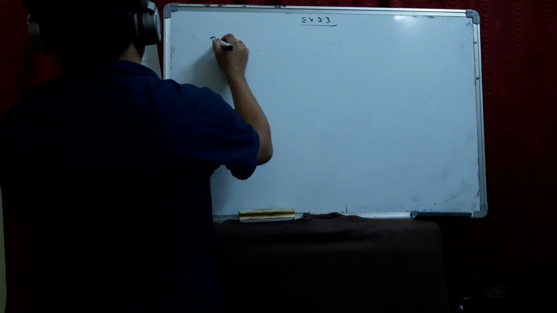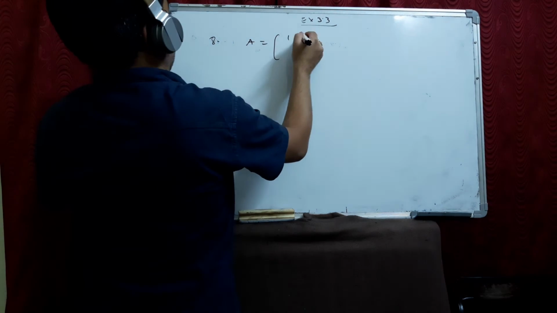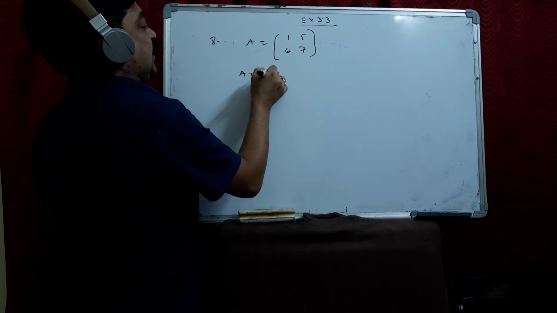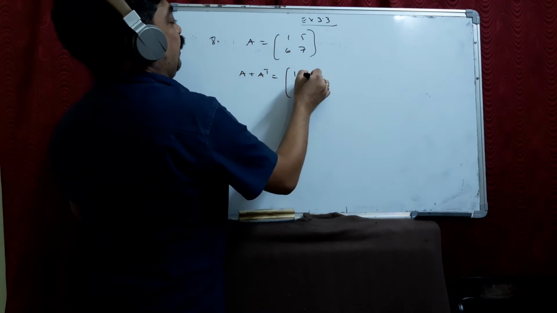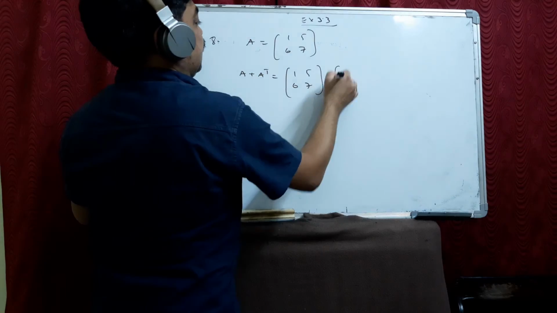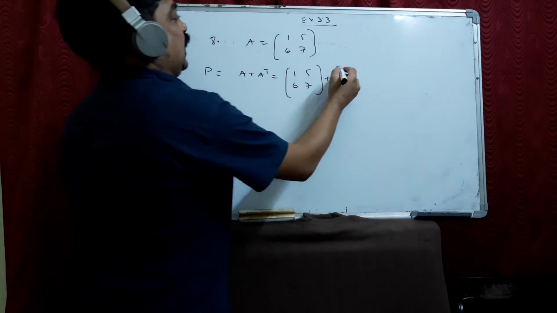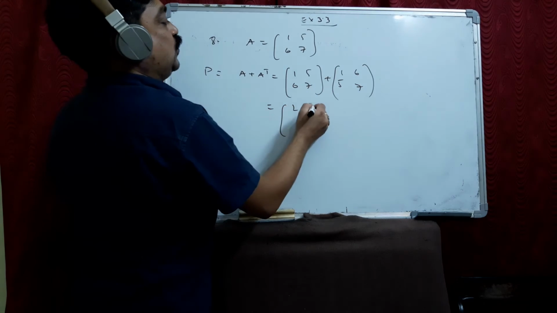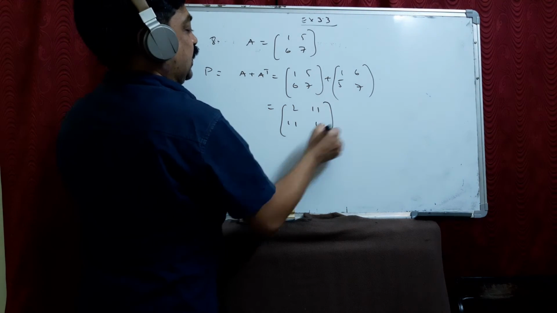8th one. So you are given A: 1 5 6 7. So let us take A plus A transpose. 1 5 6 7 plus, let us take this as P, 1 5 6 7 transpose. It becomes 2 11 11 14.